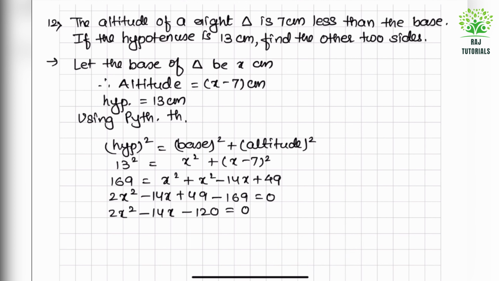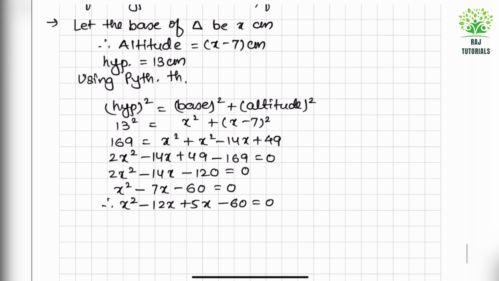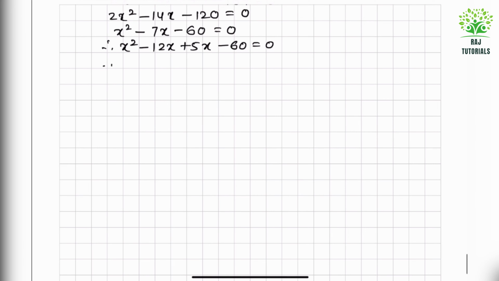Dividing by 2 on both sides, x square minus 7x minus 60 equals 0. Therefore, x square minus 12x plus 5x minus 60 equals 0. Taking x common, x minus 12, taking plus 5 common from the next two, x minus 12 equals 0.